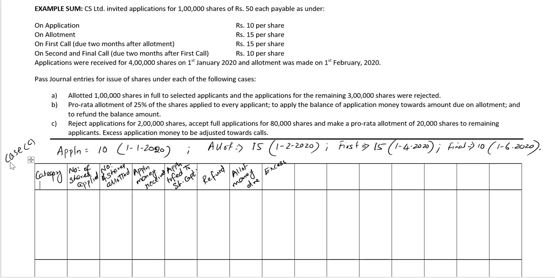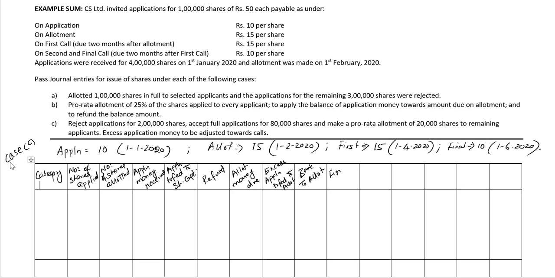Next is excess application transferred to allotment, bank to allotment.